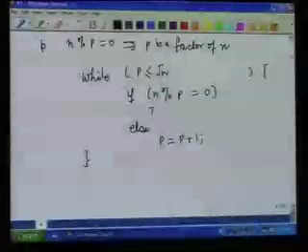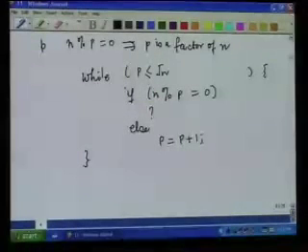So therefore, we must stop the loop as soon as we find a factor, if we find a factor. If we don't find a factor, then of course the loop will terminate when ultimately p becomes greater than square root of n. It will finally become greater than square root of n because in every iteration we are incrementing p by 1.